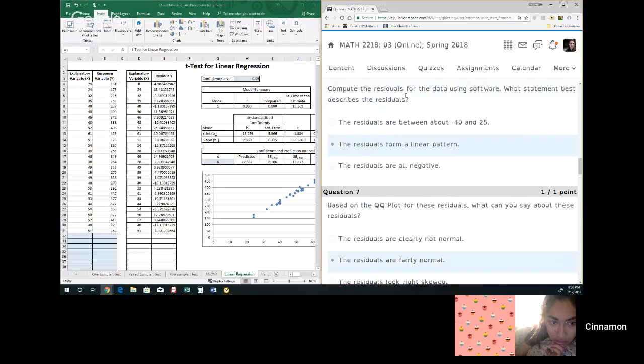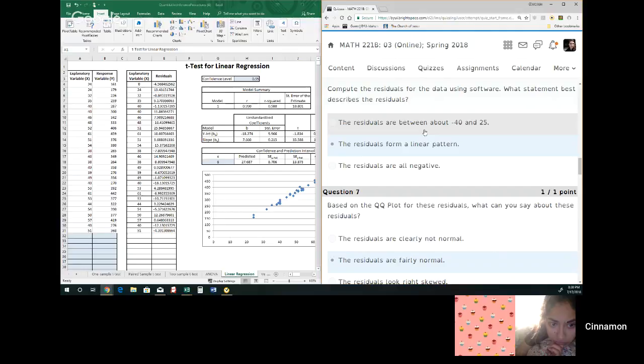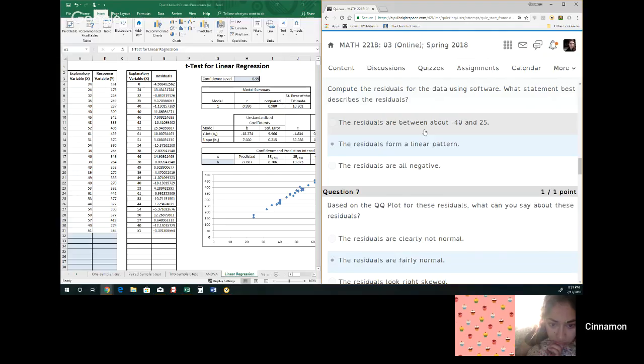Compute the residuals for the data using the software. Which statement best describes the residuals? So you think it's the first one? Yeah. Okay. And then what about 6, let me write down 6.